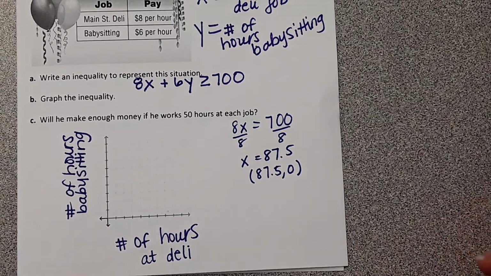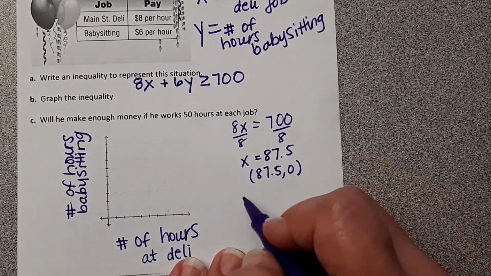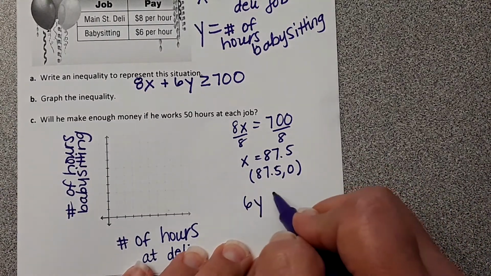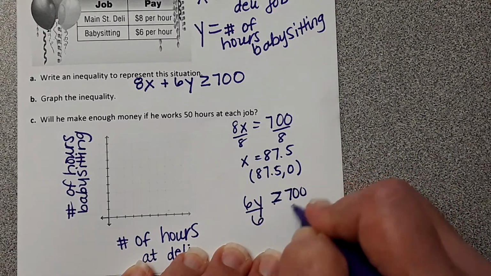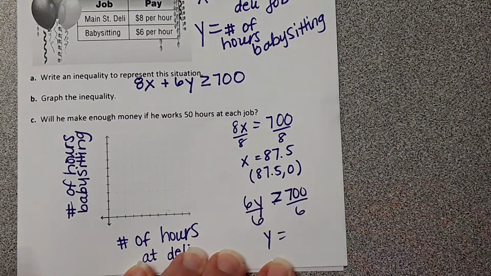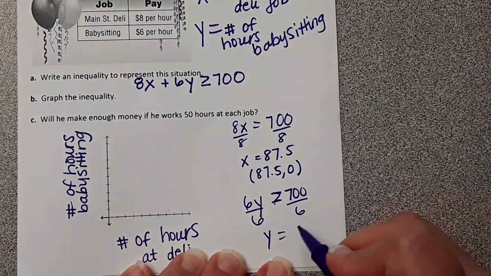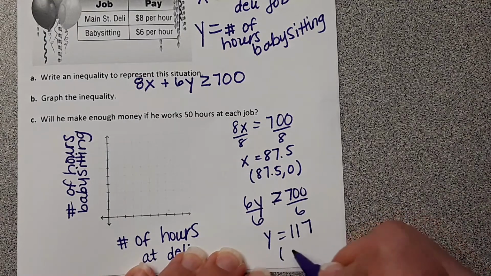Okay? I'm hoping this is over a period of time. I hope this is not in a week. And then 6y is greater than or equal to 700. Divide by 6, y equals around 117.